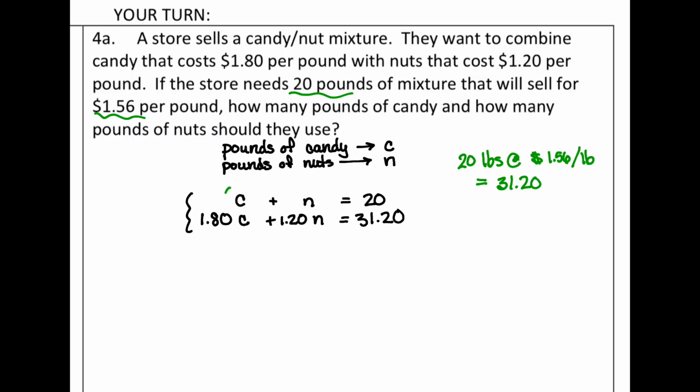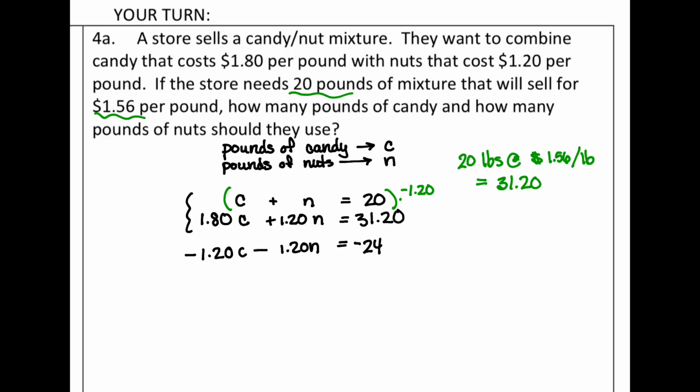Okay, I'm going to times the top equation by negative 120. So we end up with negative 120C minus 120N is equal to negative 24.